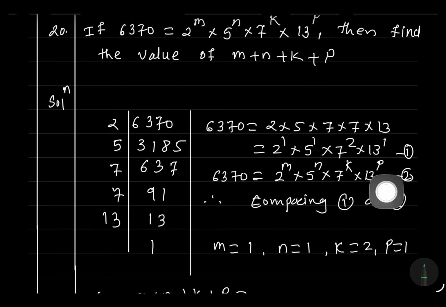Then comparing this 1 and 2, both are in the prime factorization method, so we can get the exponents. 2 raised to m means m is equal to 1, 5 raised to n and here 5 raised to 1 means n equals 1, 7 raised to k and here 7 raised to 2 means k equals 2, and p equals 1.